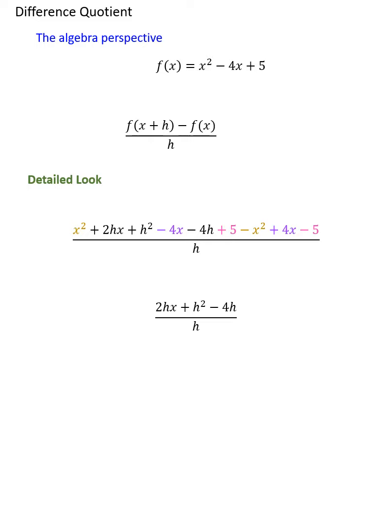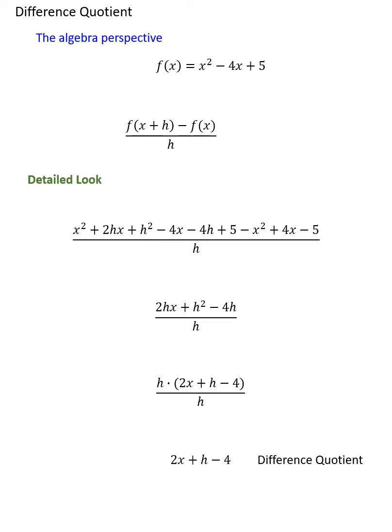But I'm not done calculating this because I now have to divide the numerator by h. One way to do this would be to divide h into each term. Another perspective would be to factor an h out of the numerator, because then I can cancel it with the h in the denominator using the fact that h divided by h is 1 and the associative property of multiplication.